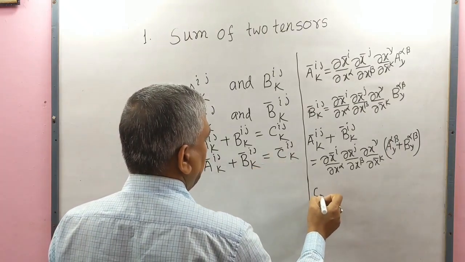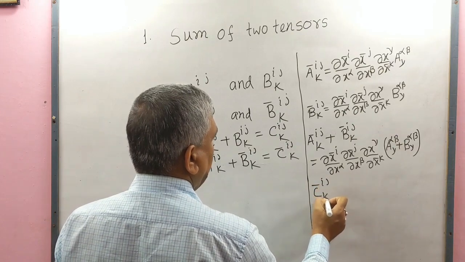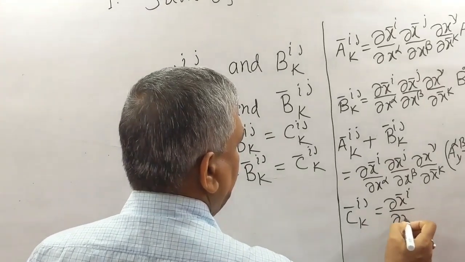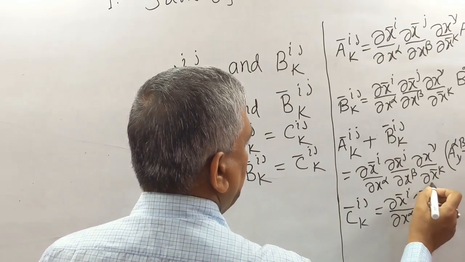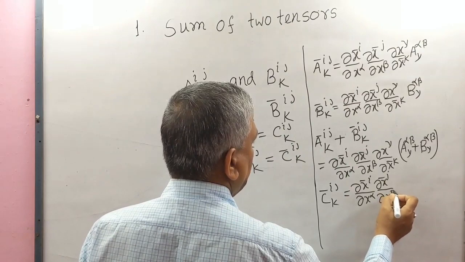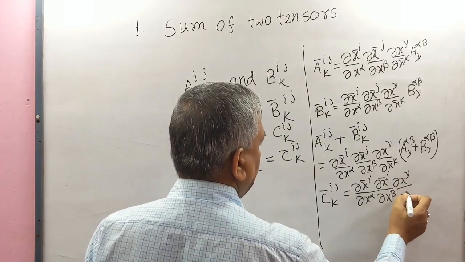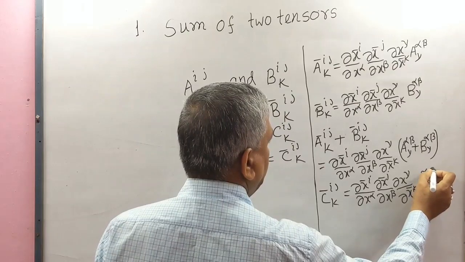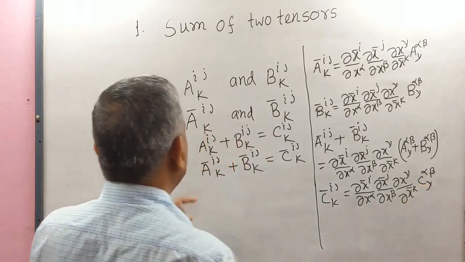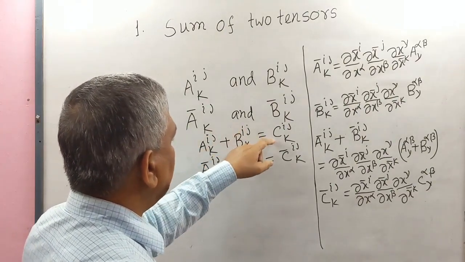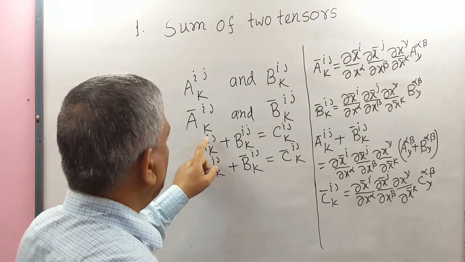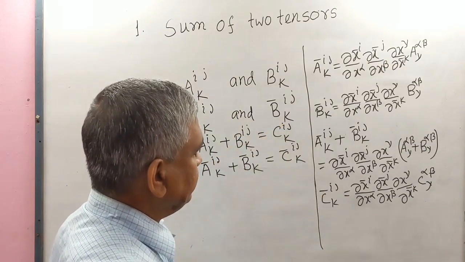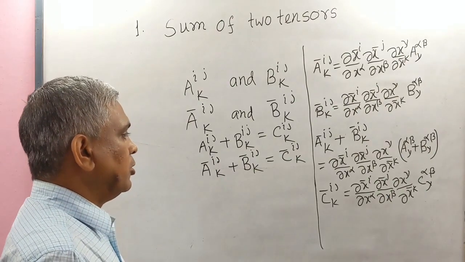So we write C bar ijk equals del x bar i by del x alpha, del x bar j by del x beta, del x gamma by del x bar k, C alpha beta gamma, as A ijk plus B ijk is C ijk, that is A alpha beta gamma plus B alpha beta gamma equals C alpha beta gamma. This is the sum of two tensors.